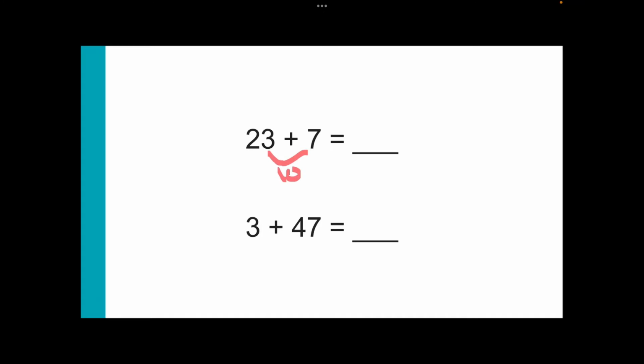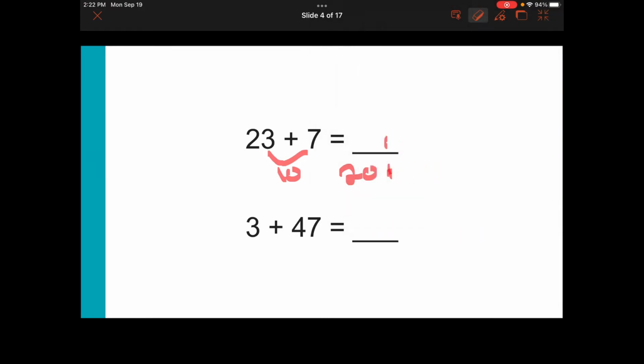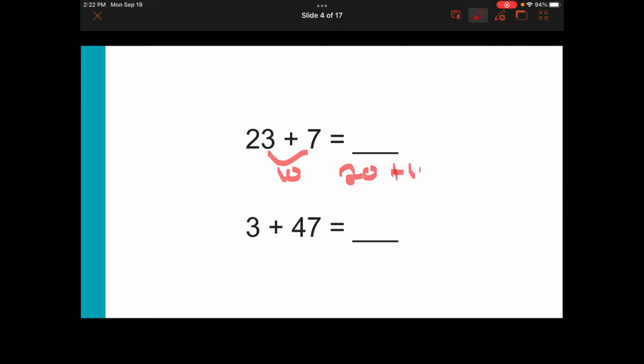Since we know that equals 10, we know that there's going to be a 0 here, and we're going to then take 20 plus 10 equals 30. All right, and you start with these two values here, the farthest right.